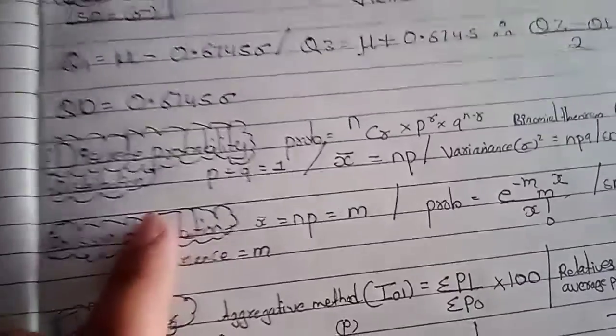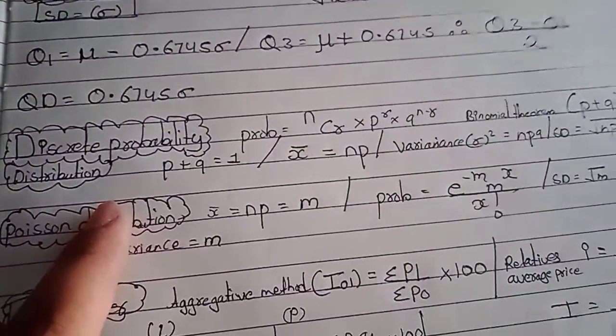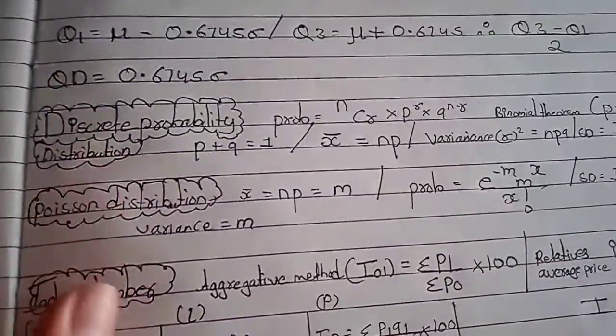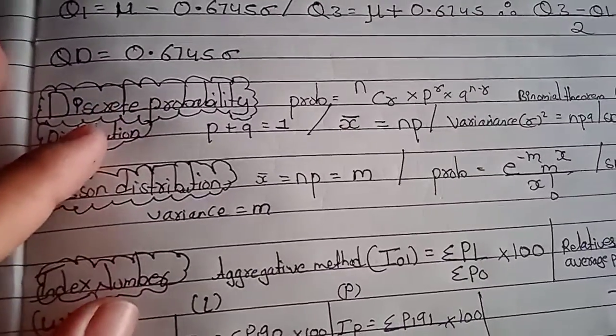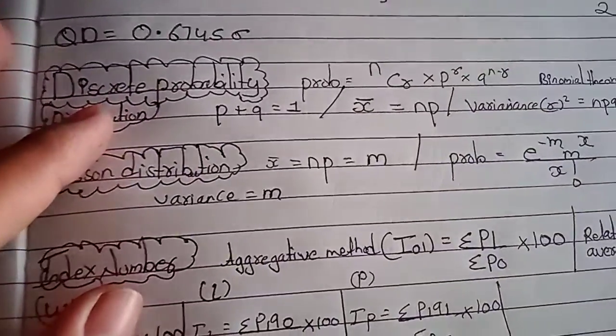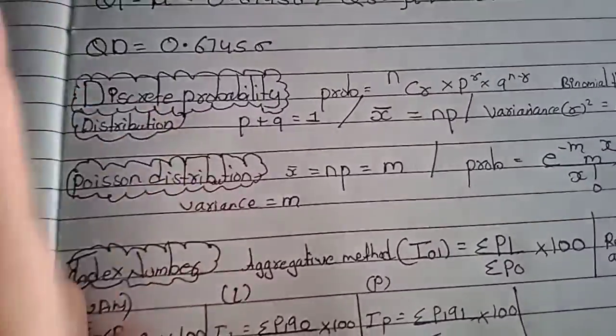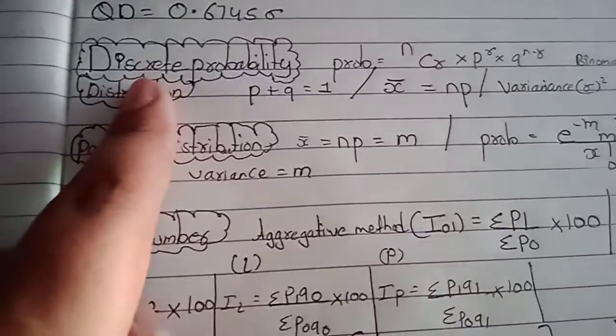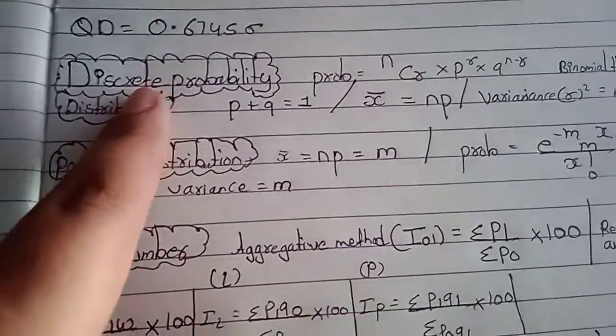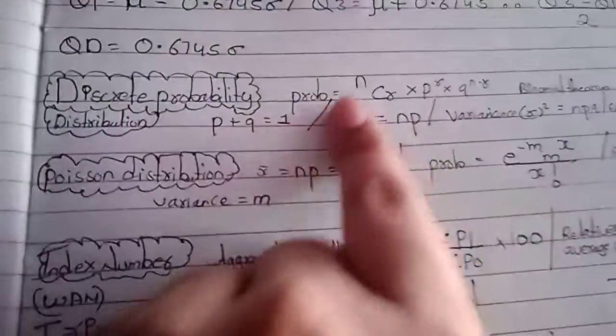This is the second lesson, which is discrete probability distribution. The first MCQ that comes from this chapter is which distribution it is, continuous or discrete. In the chapter name they present that it is a discrete distribution, and it is about the binomial.